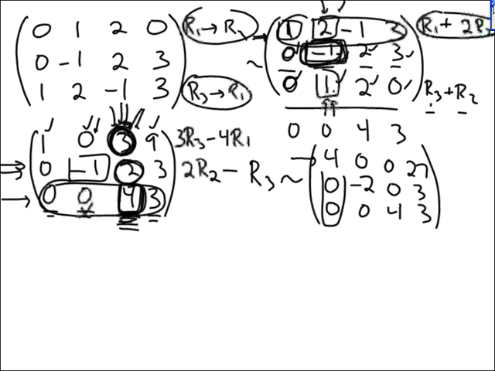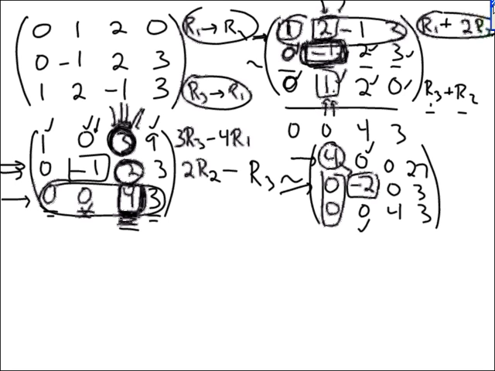What's below it is 0. The first non-zero entry in the second row is the negative 2, and it's to the right of the 4 above. Because as you go down rows, the first leading entry, the first non-zero entry, must be going to the right. And it did.